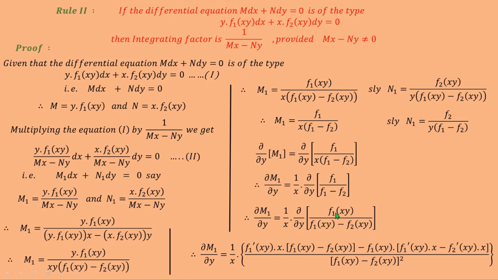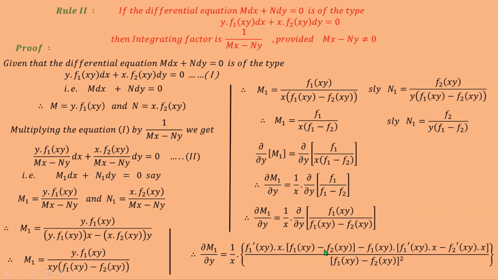So derivative of u, v as it is, that is f1 xy minus f2 xy as it is, minus, now u as it is, means f1 xy as it is, times the derivative of v, that is first the derivative of f1 of xy, which is f1 dash xy into x, minus the derivative of f2 xy with respect to y, which is f2 dash xy, and then the derivative of xy with respect to y, which is x, and divided by v square, means denominator square. So we get here f1 xy minus f2 xy bracket square.